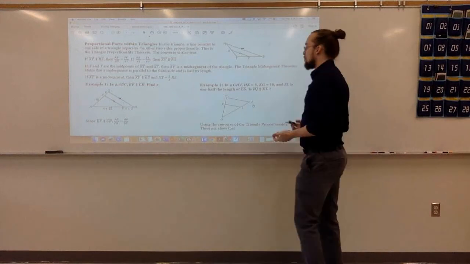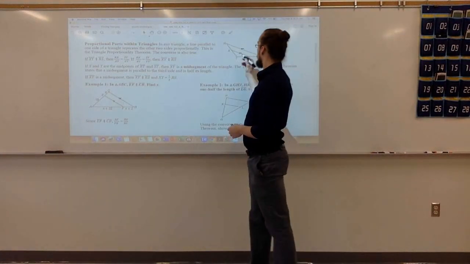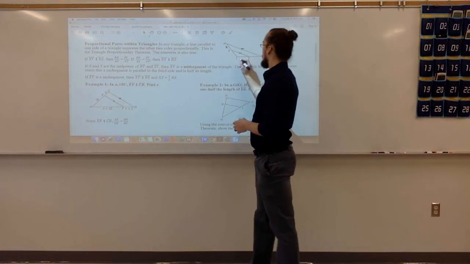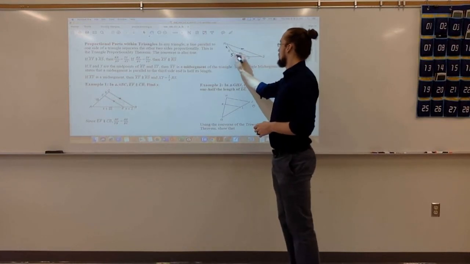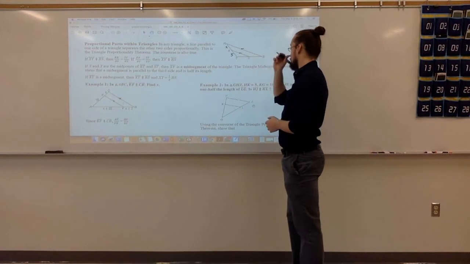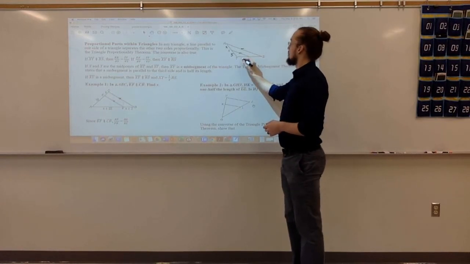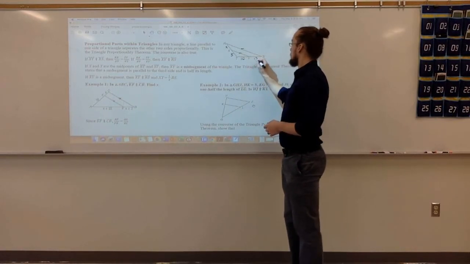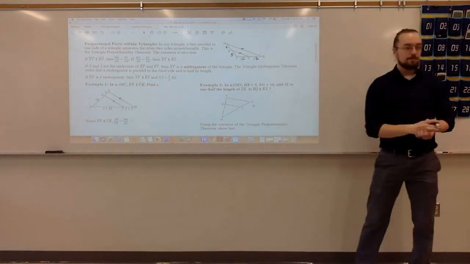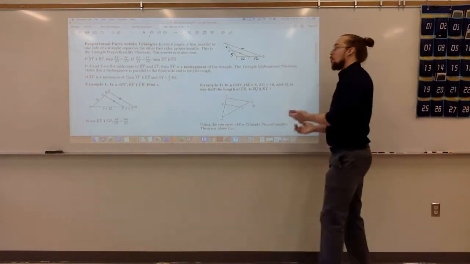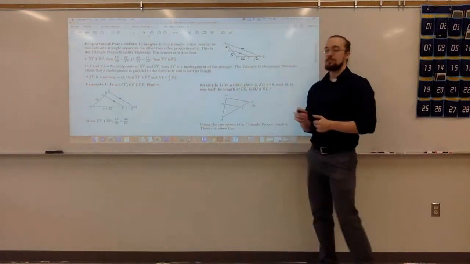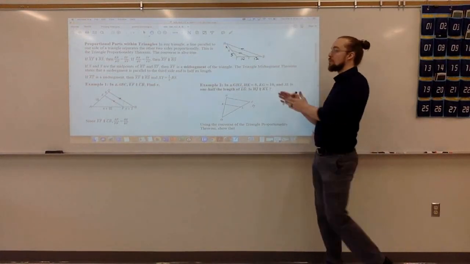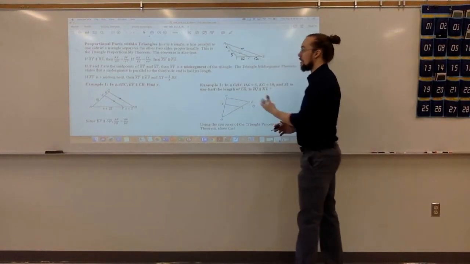Okay? For example, if I'm told that RX is x and XT is 5, and then TY is 10 and YS is 12, something like that. We can still match up the corresponding pieces on other sides, but we don't have to look at the entire lengths of different pieces.